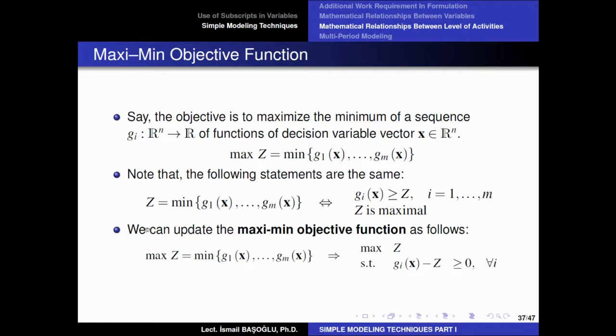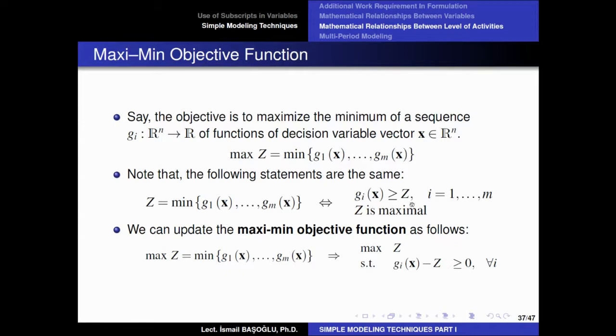Now, as we have said before, instead of defining z as the minimum of these functions, which are defined as a function of the same set of decision variables, we can simply say that z is going to be a value which is less than or equal to all of these functions one by one, and also z is going to be the maximum value which is going to achieve these conditions.